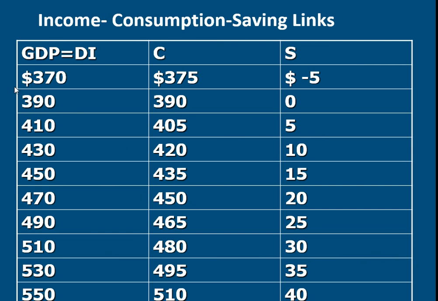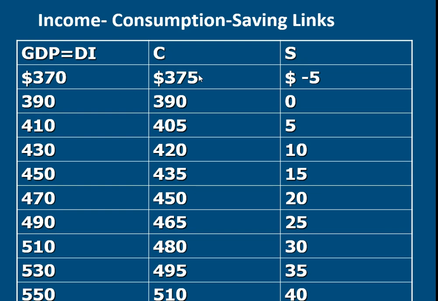So here we have three columns. The first shows disposable income, the second shows consumption, and the third column shows saving. In the first row, our disposable income is $370 and our consumption is $375.